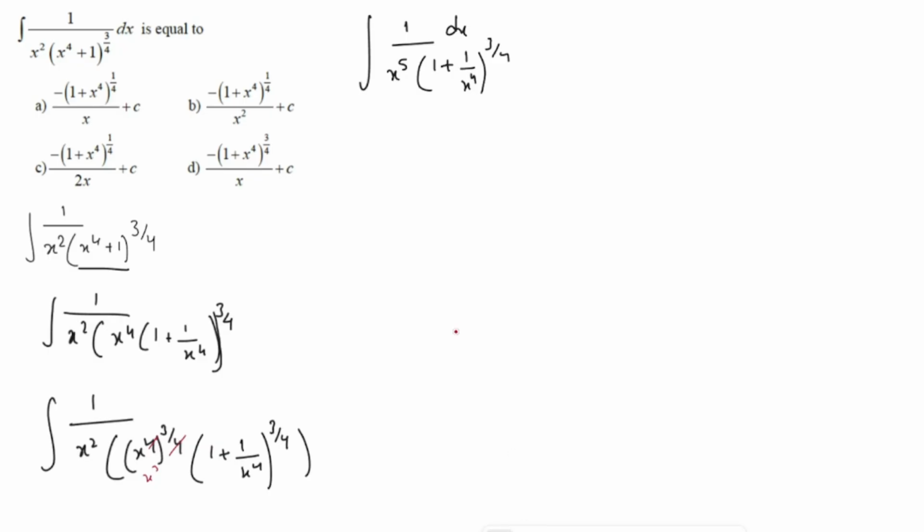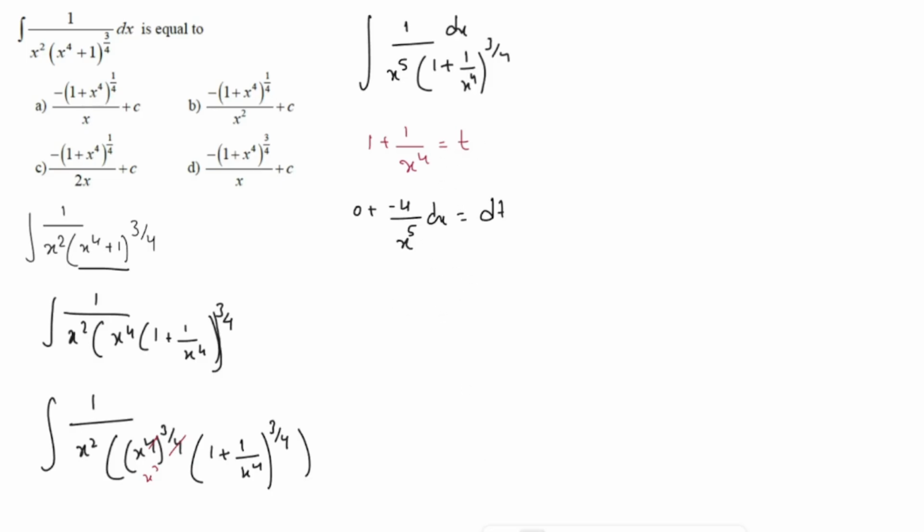Now let us take 1 plus 1 by x power 4 equal to t. This is the substitution. If we differentiate, we get 0 plus minus 4 divided by x power 5 dx is equal to dt. This is the differentiation of 1 by x power 4.